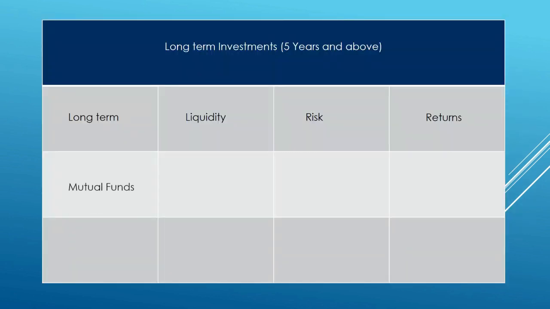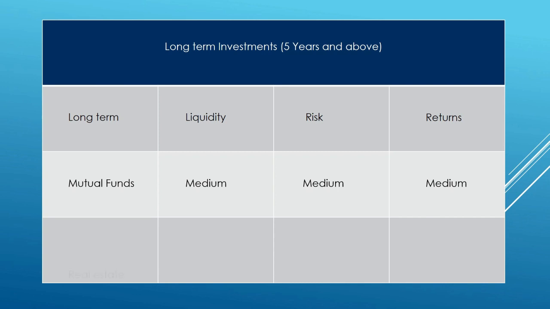Liquidity is medium because it takes around 1 to 3 days to get your money back from mutual funds. Risk is also medium because mutual funds come with a little bit of risk. But as long as you do research and invest for the long term, you should be fine. Returns are also medium. On average, past returns come to around 12% to 14%.